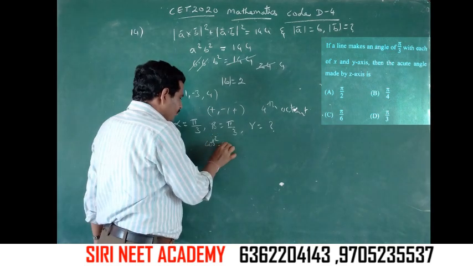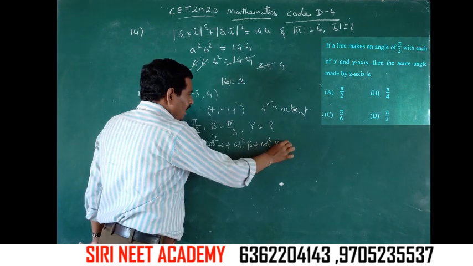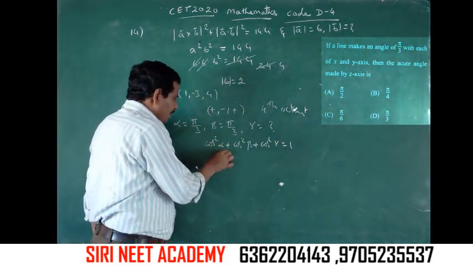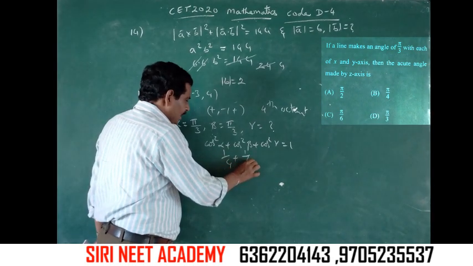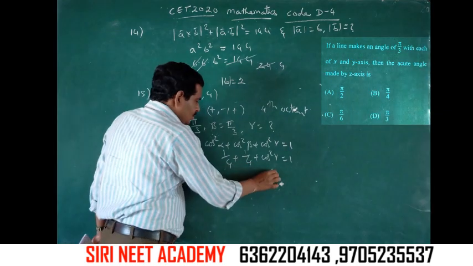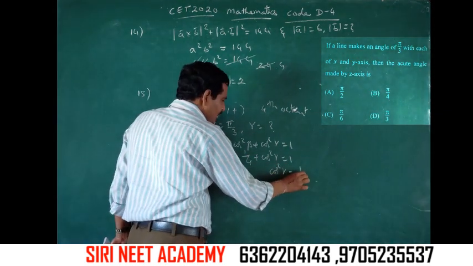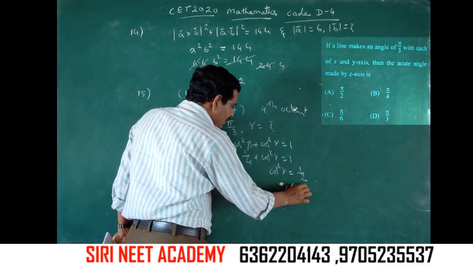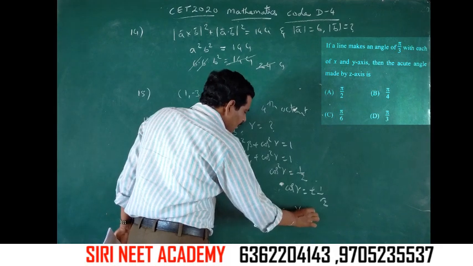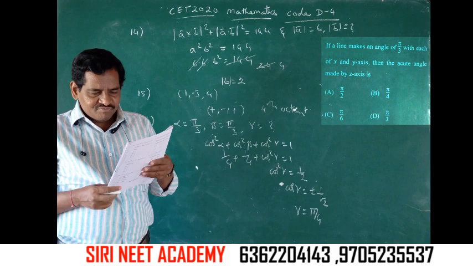Formula: cos square alpha plus cos square beta plus cos square gamma is equal to 1. Cos 60 is 1 by 2, 1 by 2 whole square, 1 by 4 plus 1 by 4 plus cos square gamma is equal to 1. So cos square gamma is equal to 1 minus 1 by 2, which is 1 by 2. So cos gamma is equal to plus or minus 1 by root 2. Acute angle, so 45 degrees. So the option is B.